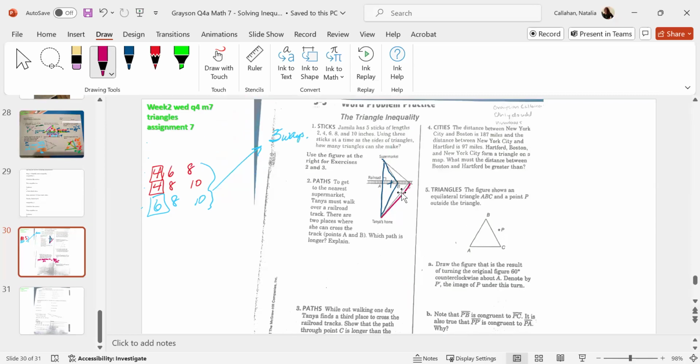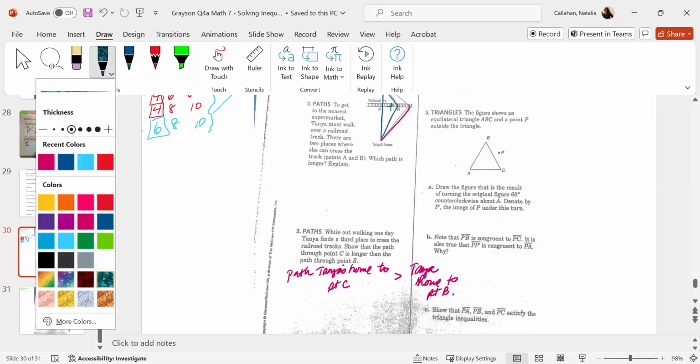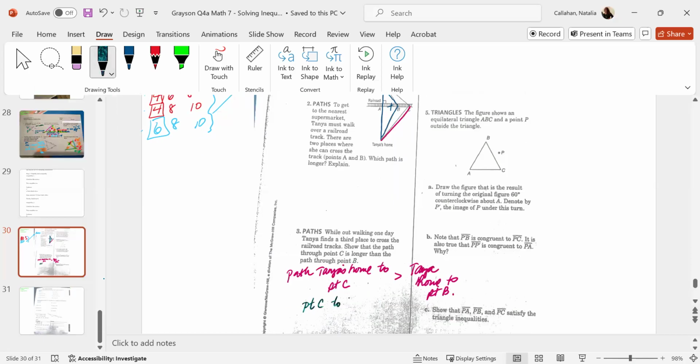And you could do the same thing from point B to the supermarket. Point C to the supermarket is greater than from point B to the supermarket. Do you see that? Tanya's home to point C is bigger than Tanya's home to point B. Do you see that? Mm-hmm.